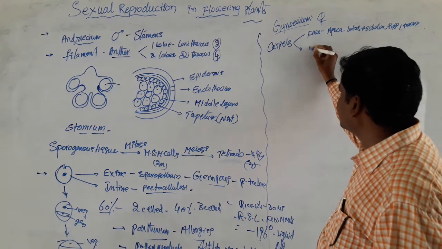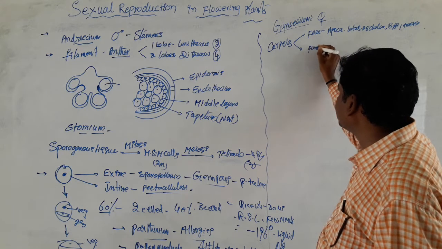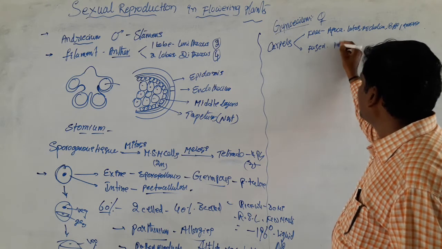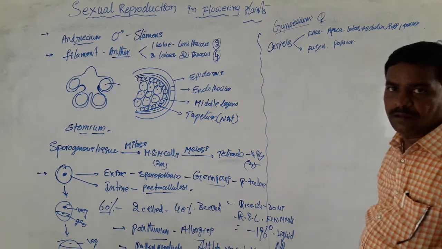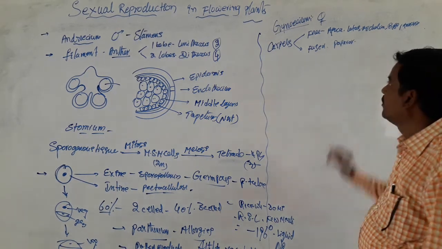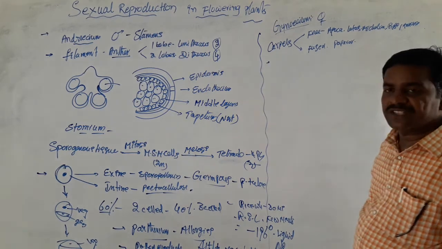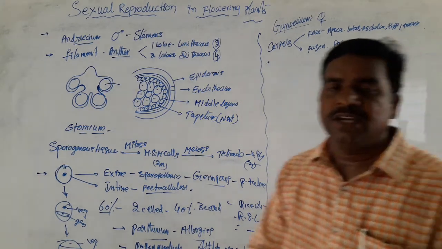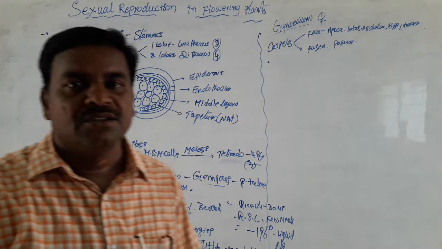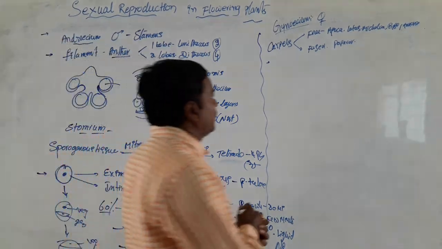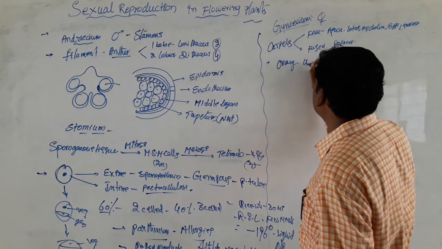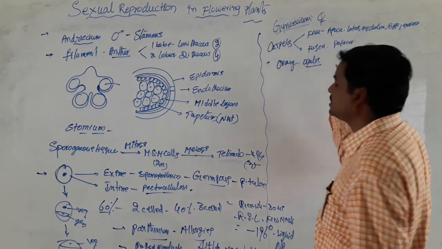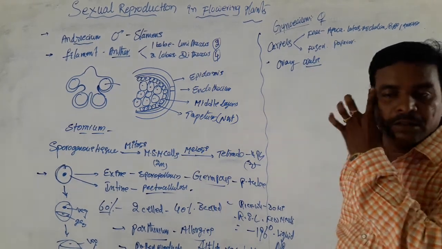But in some members, these carpels are fused. Every carpel is also represented by three parts: ovary, style, and stigma. And the ovary contains some ovules arranged systematically on the placenta.